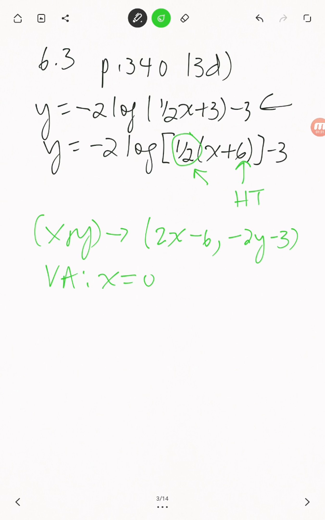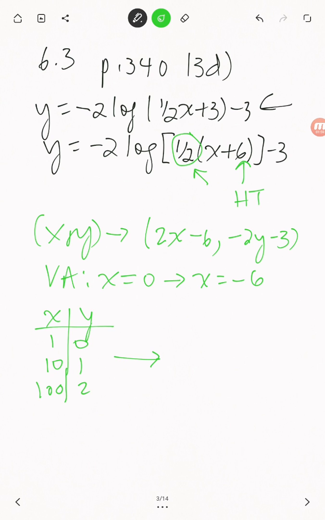So the vertical asymptote for my basic y equals log x is x equals 0. And since I have a horizontal translation of 6 units to the left, it is going to become x equals negative 6. Anchor points for y equals log x are (1, 0), (10, 1), and (100, 2).